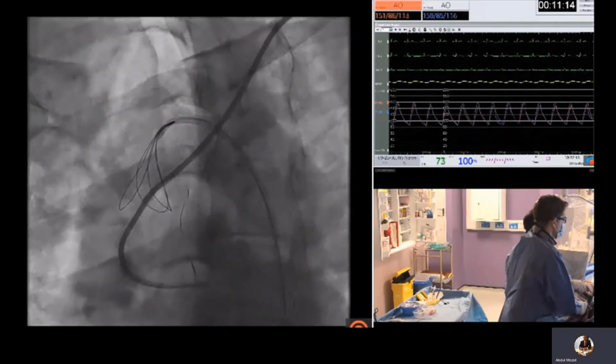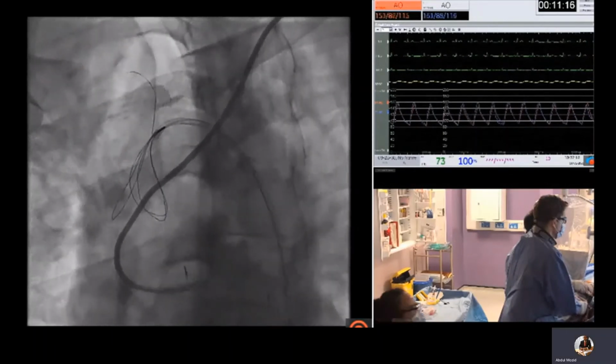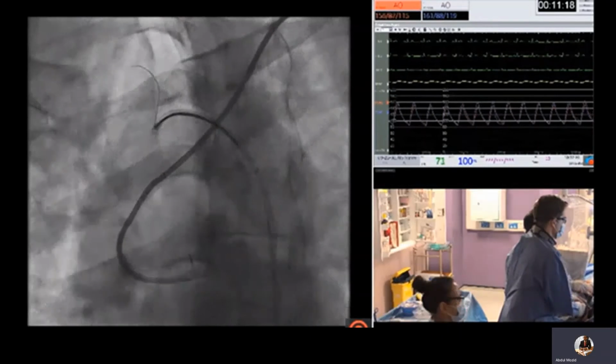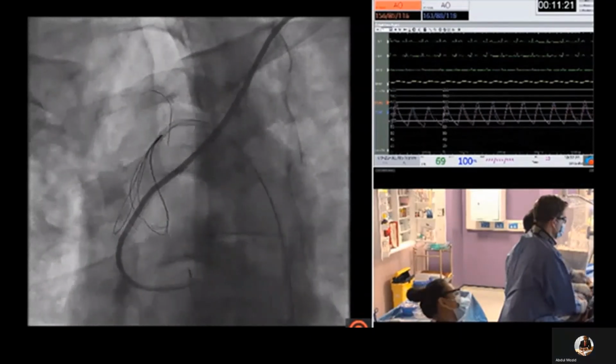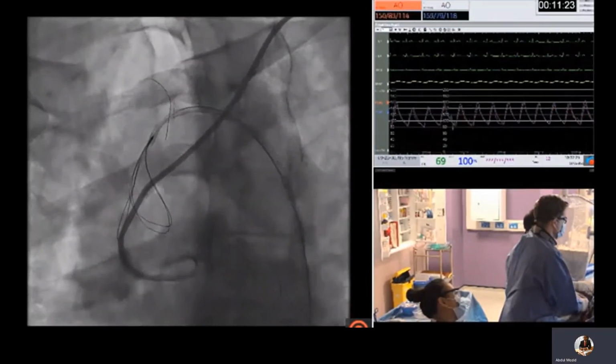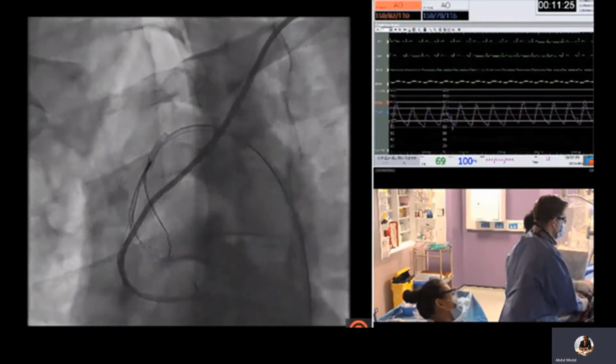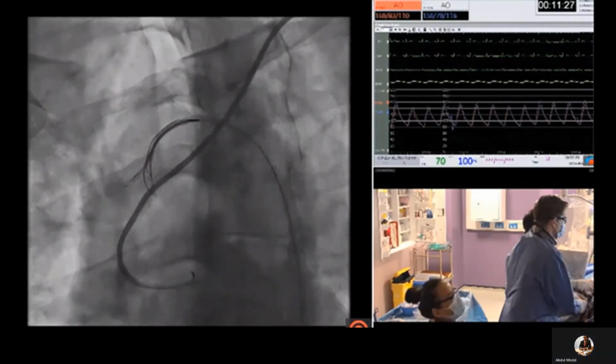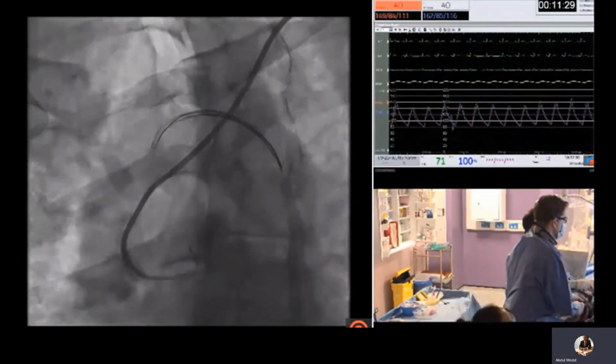You can also rotate the guide catheter to try and give you a different angle. So here we rotate the guide catheter, rotated the snare, and there we go.